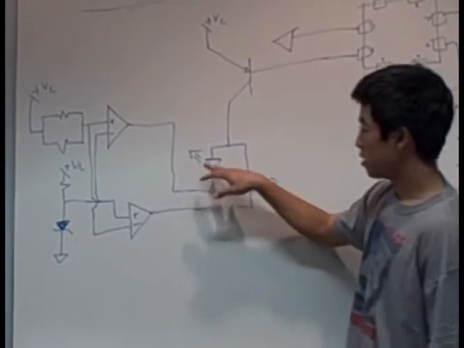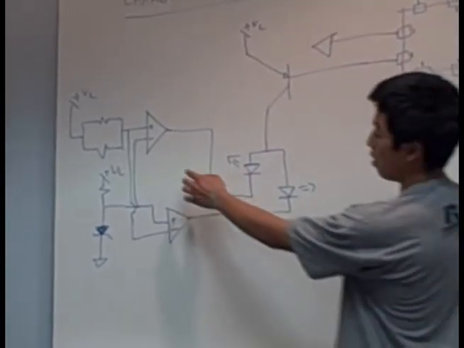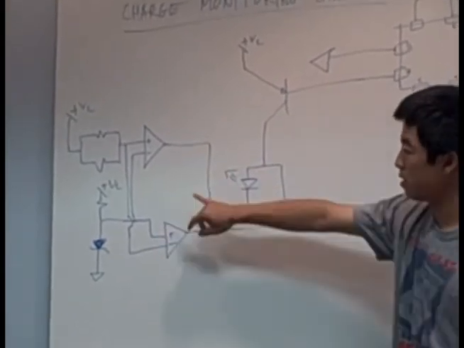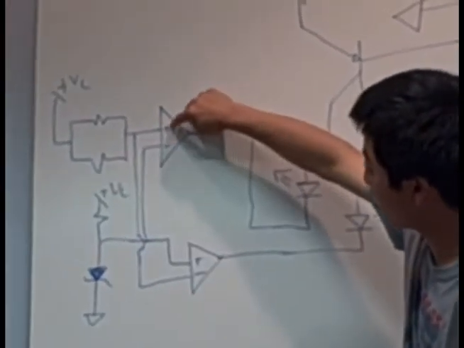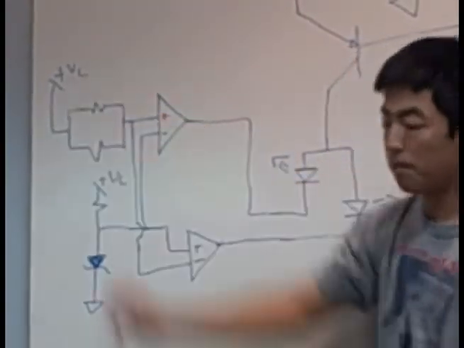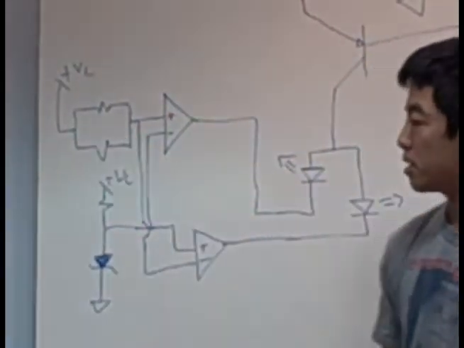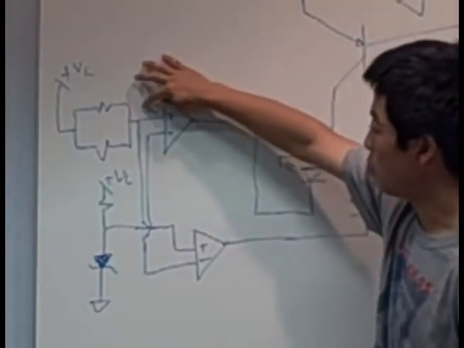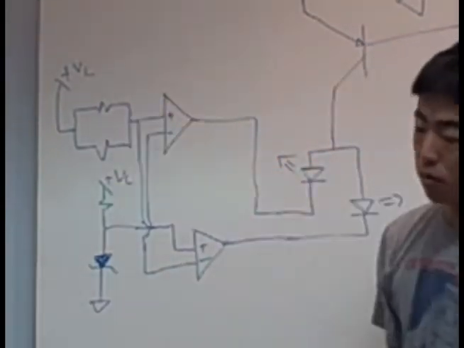And these LEDs are turned on because over here we have two comparators, both powered by the capacitor, and one input for each one is a voltage divider from the capacitor. This voltage divider is calculated so that when the voltage of the capacitor is 4 volts, it will output a voltage of 0.6 volts.